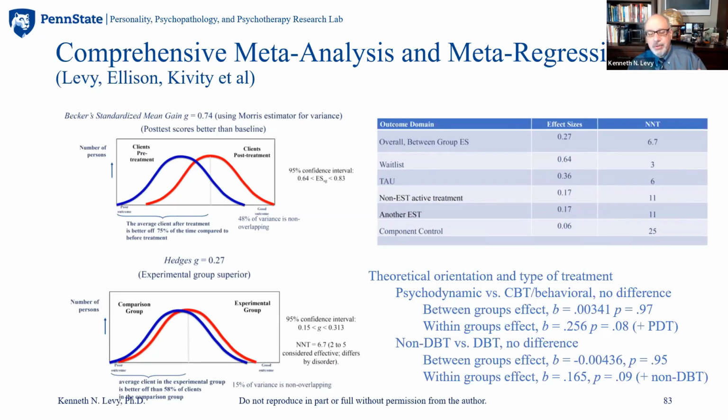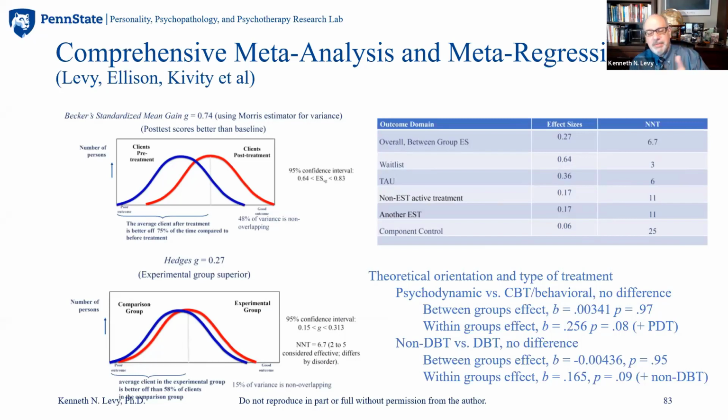That was also very sobering, right? You'd have to see almost 7 patients in your practice before one would be doing better than somebody who wasn't receiving this empirically supported treatment. Now, that doesn't sound like a lot or very good, but if you consider how many people are suffering from BPD and are out in society being treated, it actually does add up, but still sobering.